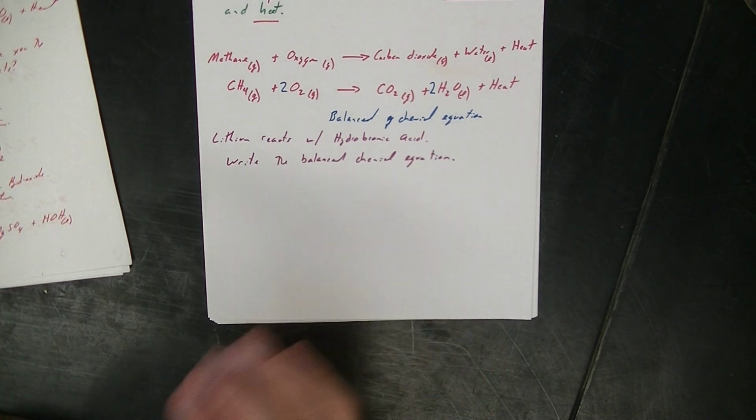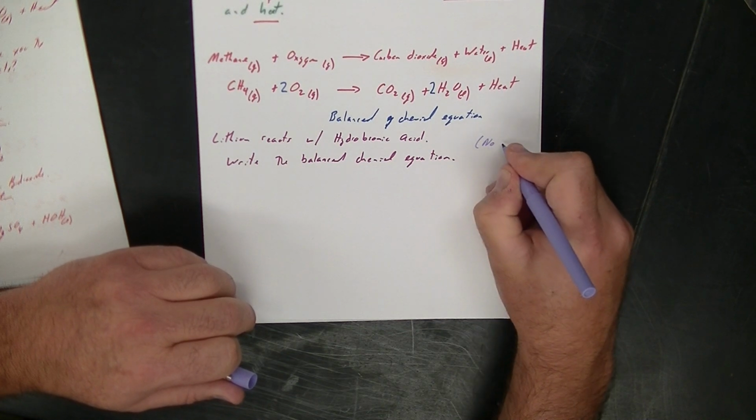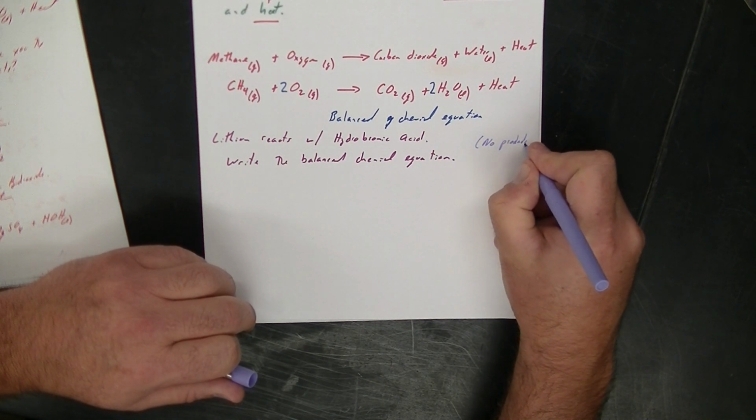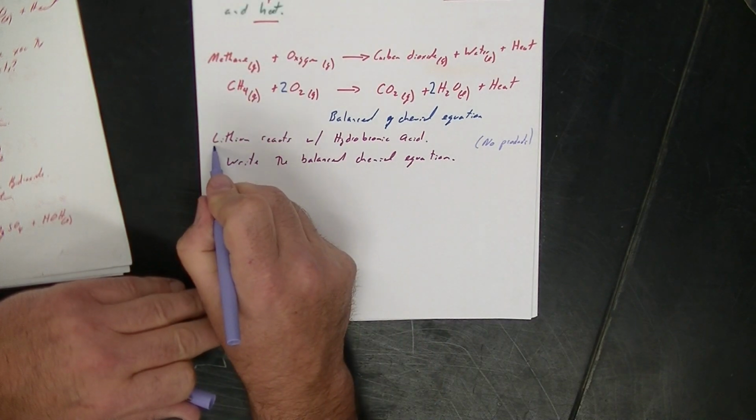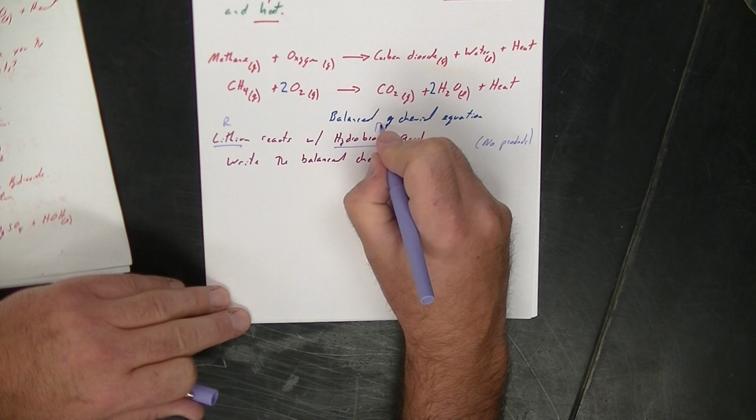In this problem, I didn't give you the products, so you don't have any products. But that doesn't mean you can't figure it out. This is going to be a reactant, and the hydrobromic acid is also a reactant.